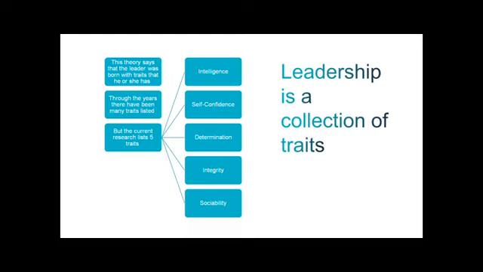Throughout the years, many different traits have been listed, some added, some taken away, but the current research lists 5 common traits: intelligence, self-confidence, determination, integrity, and sociability.